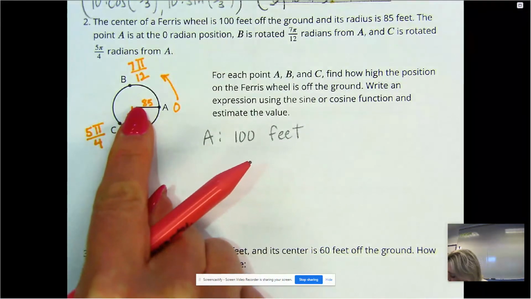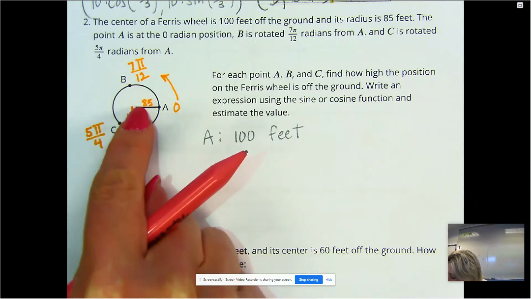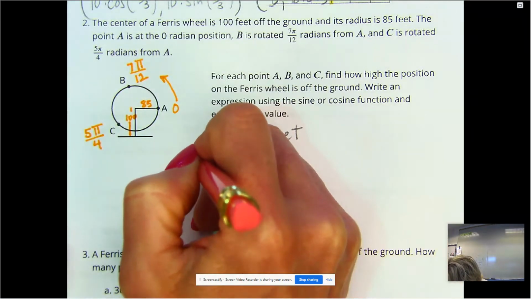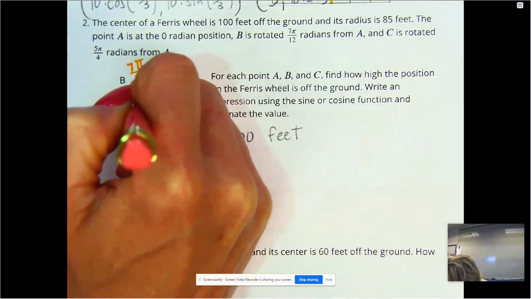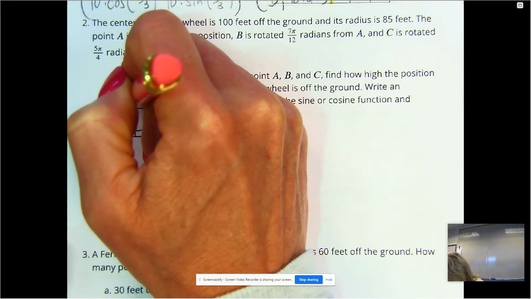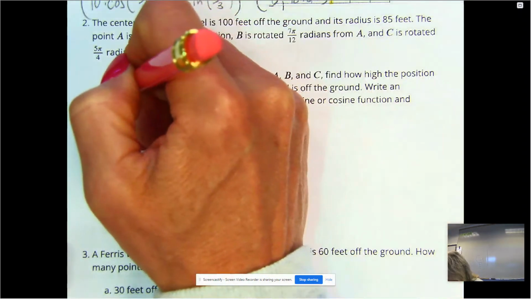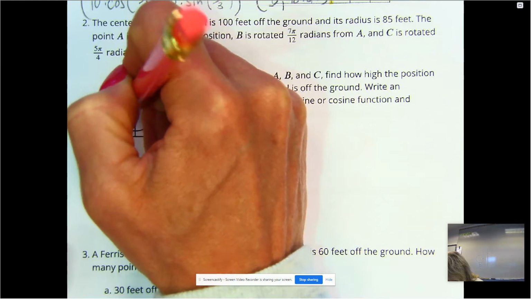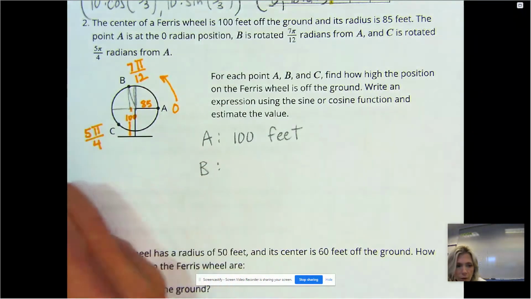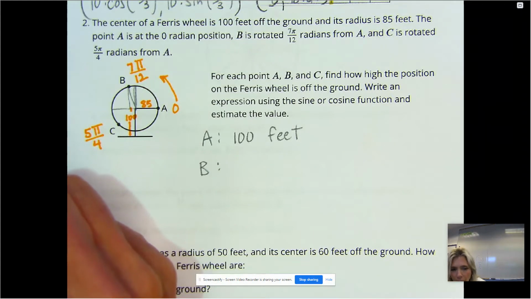Now for B, it's going to be 100 feet plus some more. So thinking about, okay, well, here's the rest of the diameter. Straight up, we're at pi over 2. This is slightly past. So I'm trying to figure out this height right here. And that's going to be not quite 85, a little bit less.